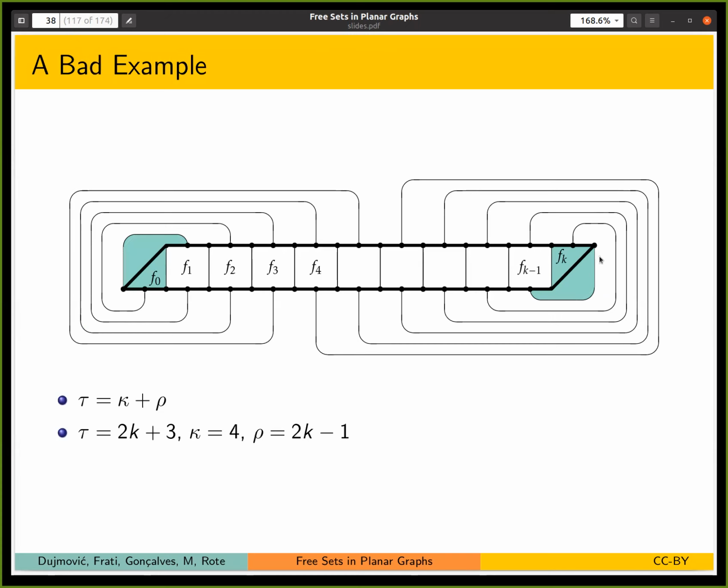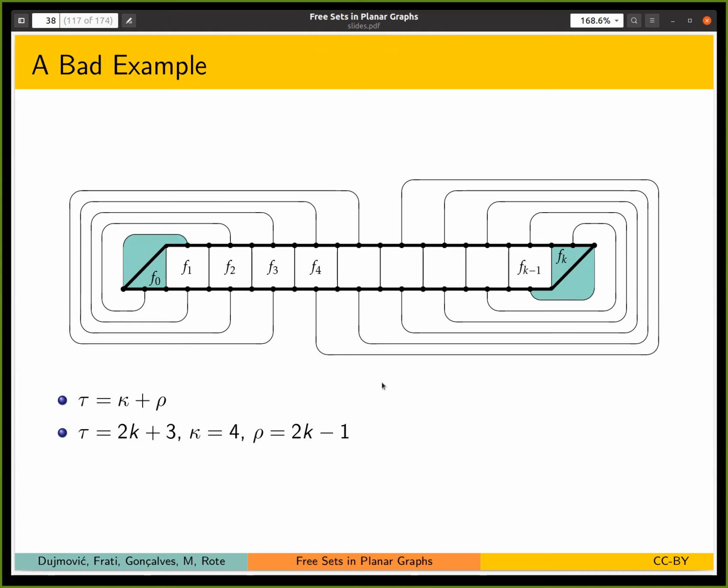And it only caresses 4 faces, these ones at the end. All of the other faces, the interior faces inside the cycle, they're all pinched, right? The cycle hits them on the bottom and then hits them again later on the top. So they're all pinched. And the faces outside the cycle, it's the same situation. They're all pinched as well.